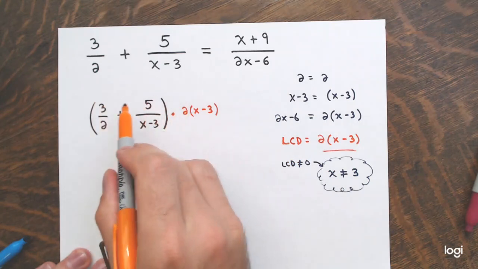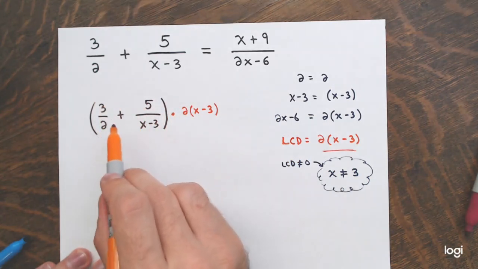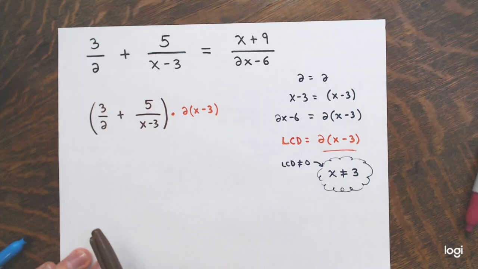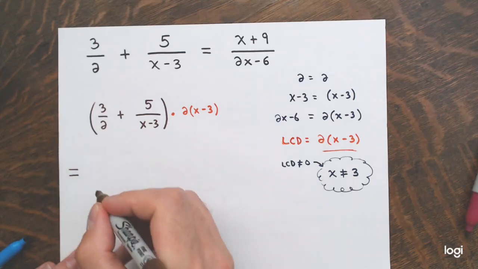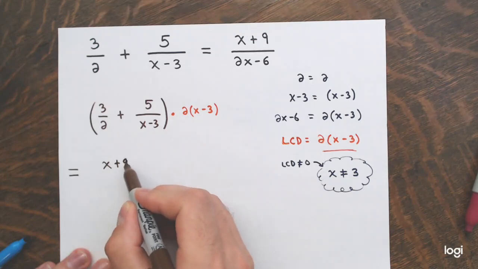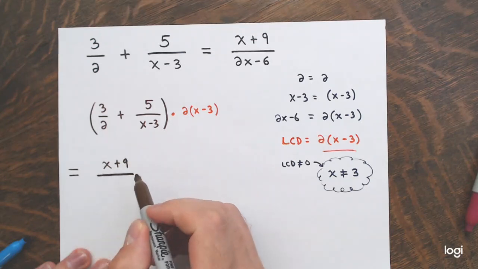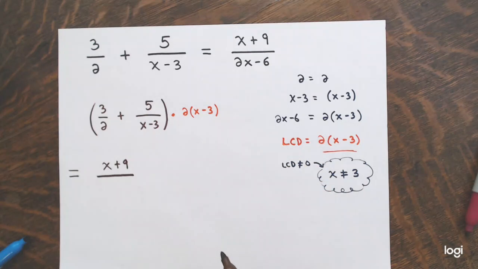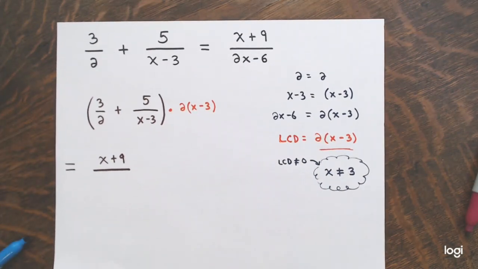There will be distributing involved because there are multiple fractions being added over there. That's the left side, equals, and then the right side is just a single fraction. You've got x plus 9 in the numerator, divided by, and if you've seen any videos of mine on adding and subtracting fractions, anytime I'm working with fractions, I like to have the denominators of those fractions factored.